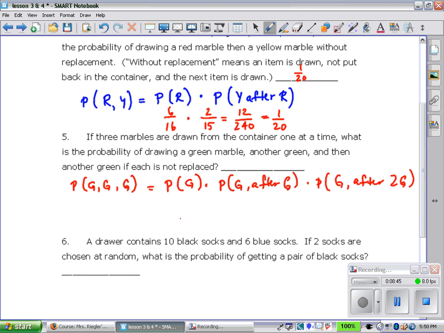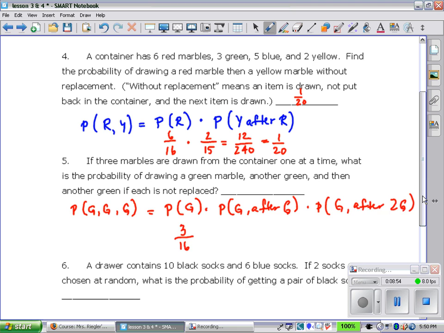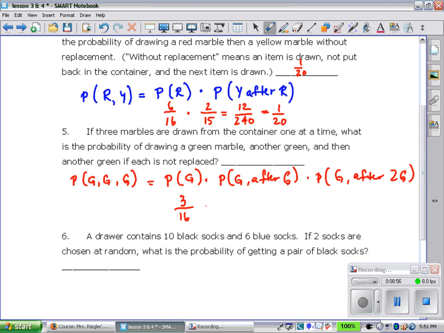So first part is the simple part. Probability of drawing a green marble. There's 16 marbles. 3 of them are green, right? Yep, 3 green. Okay, now this is where you have to be extra careful. Remember, we took out a marble, and we're assuming that it's a green marble. So now, instead of just 15 marbles left to choose from, we're assuming that the first marble is green, so how many green marbles are now left? There's not 3, because remember, we kept that one out. There are now 2 green marbles left.